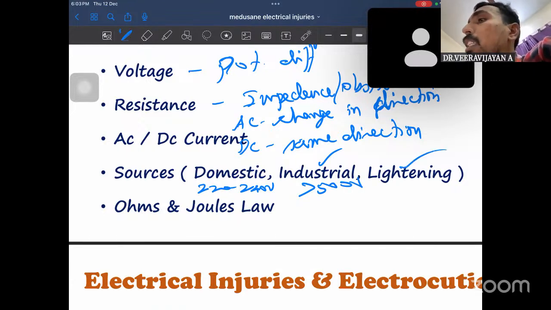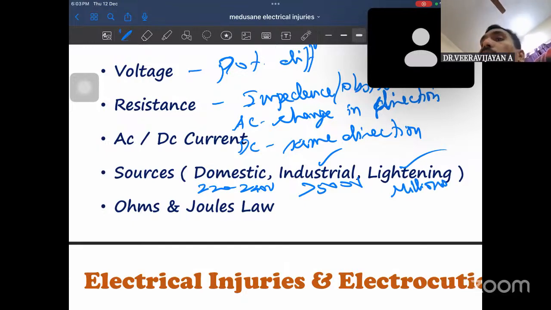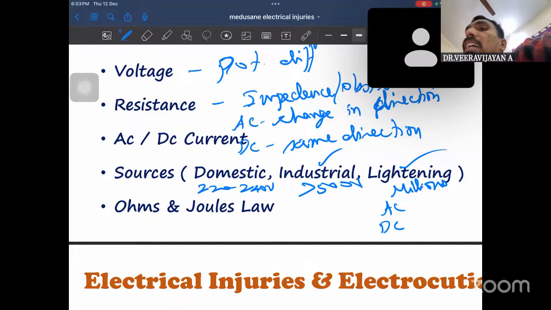Lightning voltage will be in thousands or millions. In households, we are using AC current. DC current is usually used in batteries, and in medicine we use it in defibrillators and some appliances in the OT.